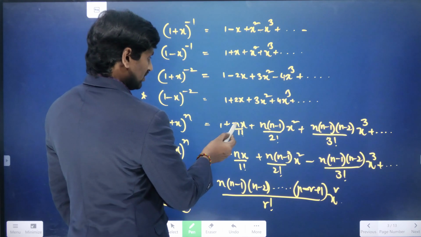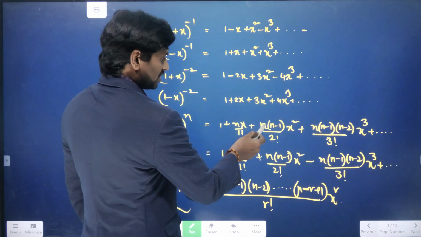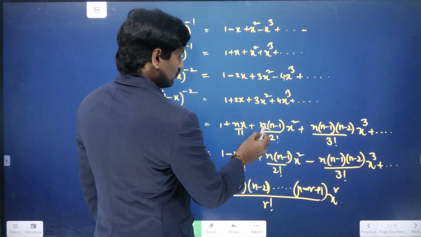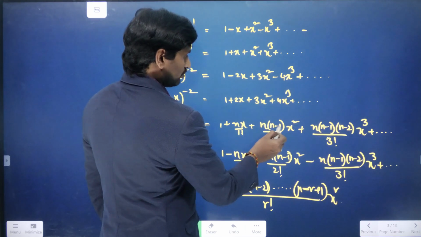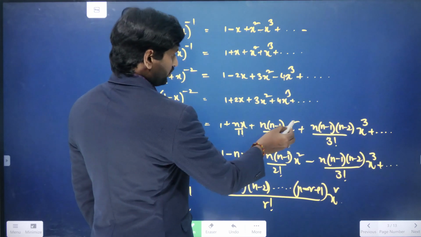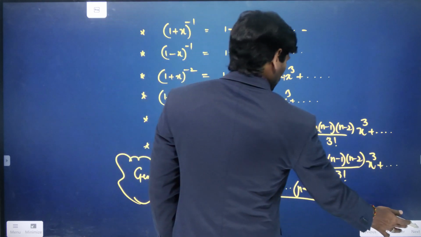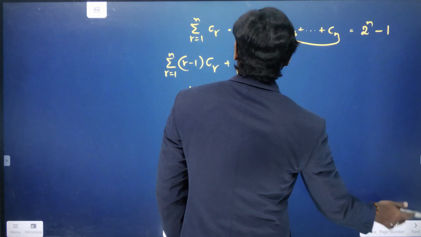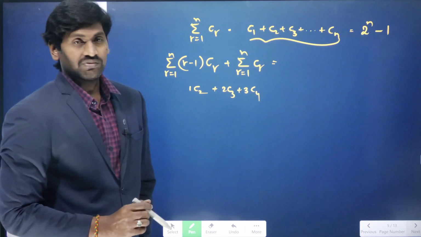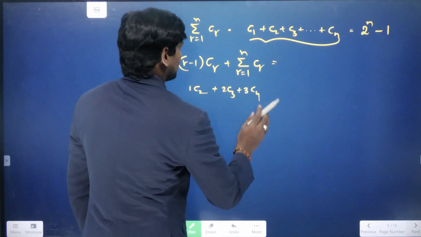So in the place of n, if you write 1, 1x. In the place of n, if you write 2 here, 2 into 2 minus 1, 1, so 2 into x square. So same thing we can write, but before that, until then it is correct only. But here we need to do some modifications.